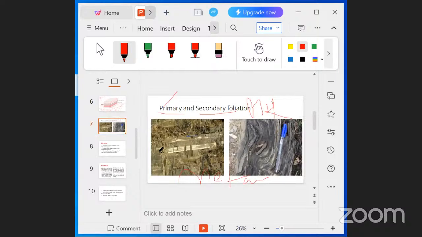Examples are slaty cleavage, schistosity, and gneissosity, which fall in the category of these secondary foliations.